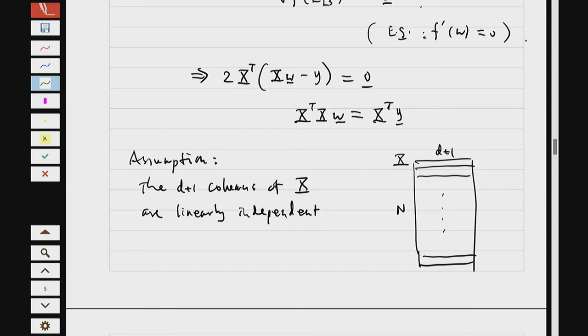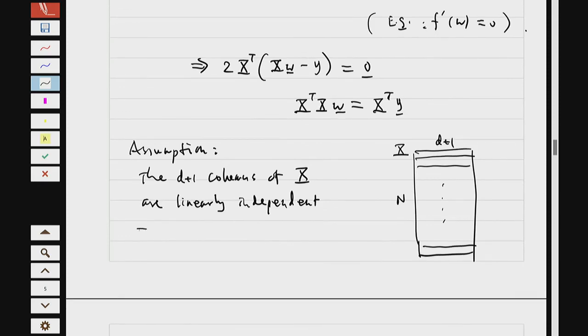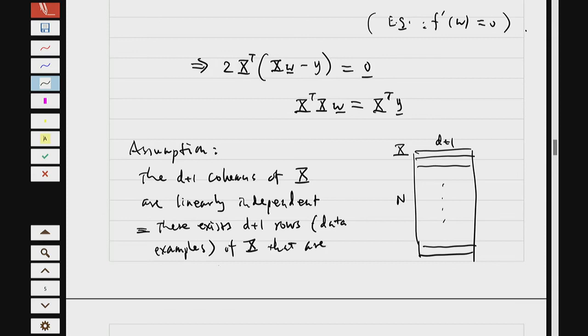It's the same as saying that there exist d plus 1 rows of X, which are data examples, that are linearly independent. You just need d plus 1 of them. The rest, whatever they are, we don't care.